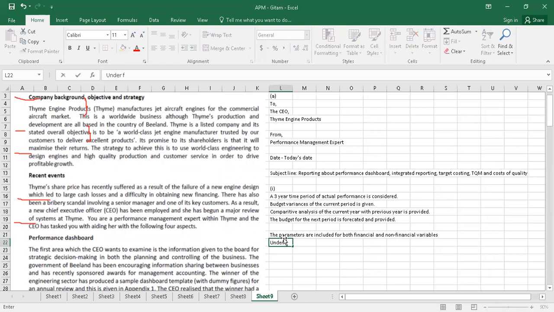Under financial parameters, the operating performance and the profitability of the shareholders.